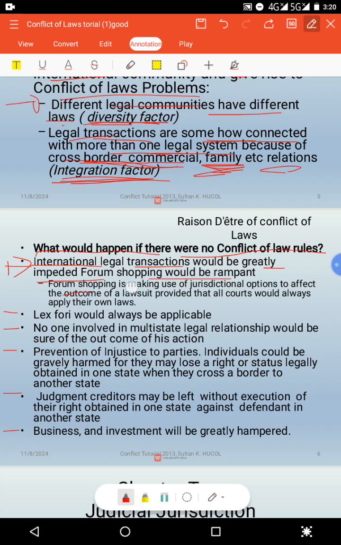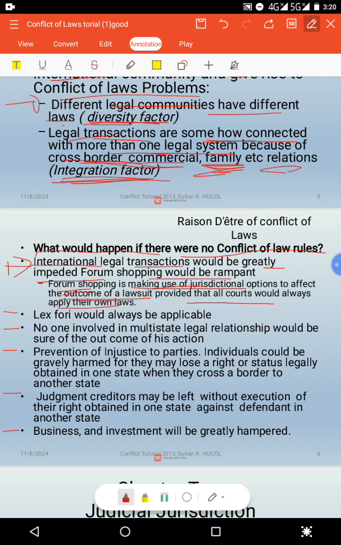Forum shopping is making use of judicial options to affect the outcome of the lawsuit, provided that all courts would always apply their own laws. So this is the meaning of forum shopping. This is making use of judicial jurisdictional options to affect the outcome. If I am a citizen from the USA, I want to be governed by my own laws.